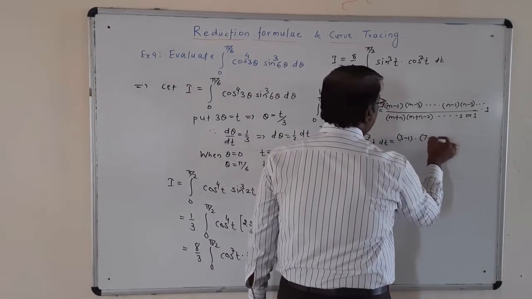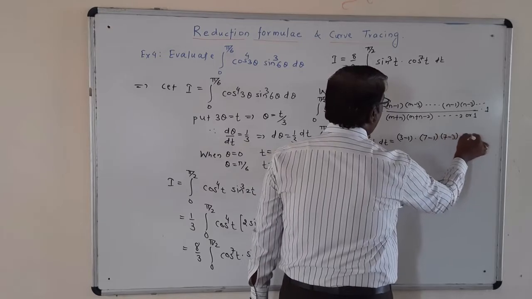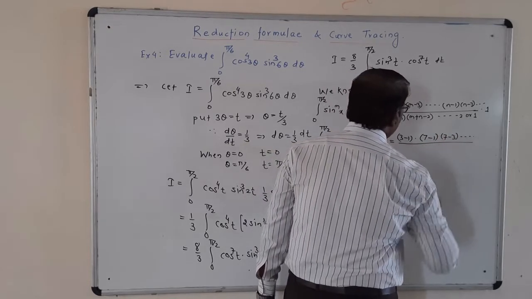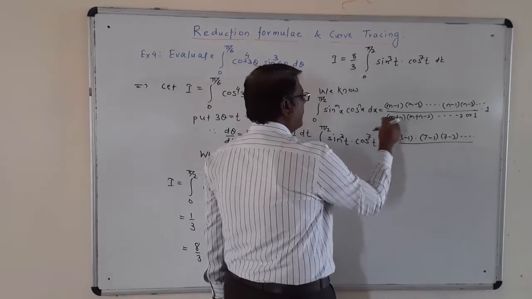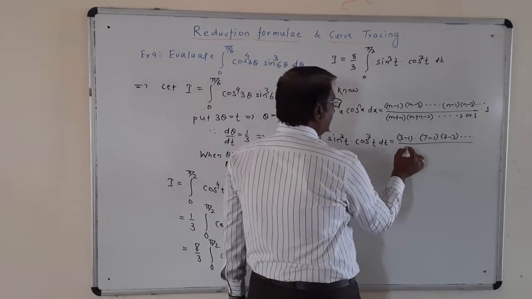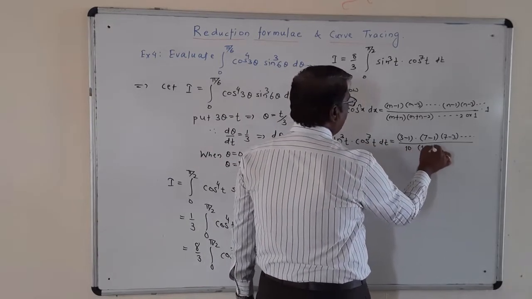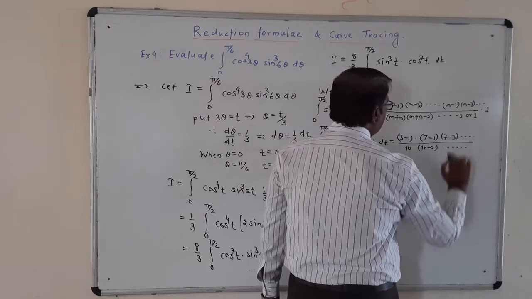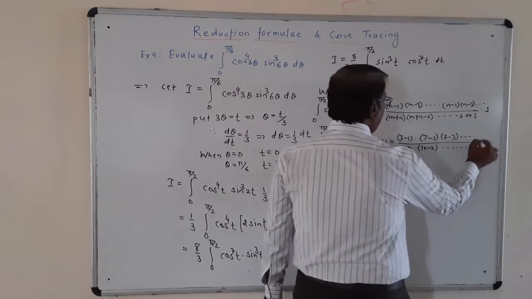So here it is 7 minus 1, 7 minus 3, and so on. This product is up to 1. Divided by m plus n, it is 3 plus 7, it is 10, 10 minus 2, again this product is up to either 2 or 1, into 1.